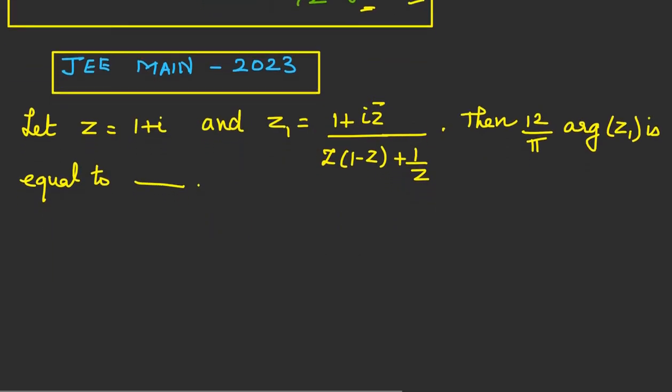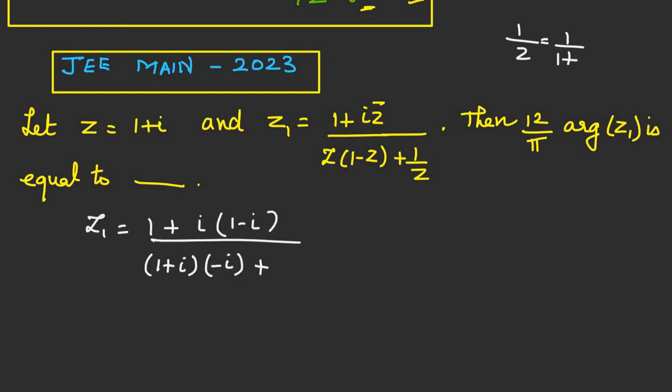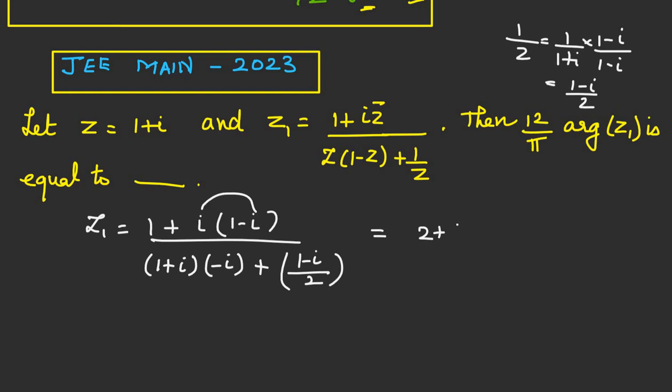Next question, let z is equal to 1 plus i and z1 is given by 1 by 1 plus i multiplied by the conjugate, 1 minus i by 1 minus i. We get 1 minus i divided by 2. Now this gives us 2 plus i squared, which is minus 1, so we get 2 plus i divided by minus 1 minus i plus 1 minus i divided by 2.